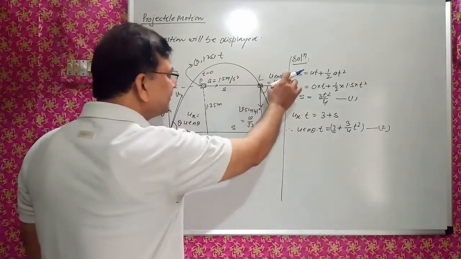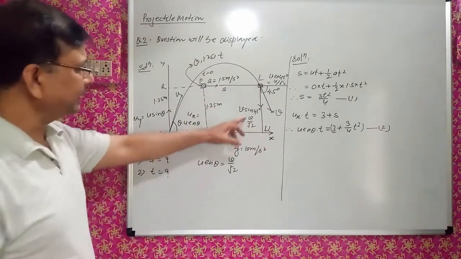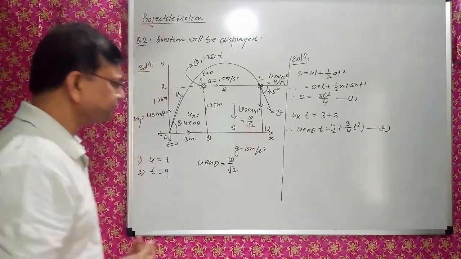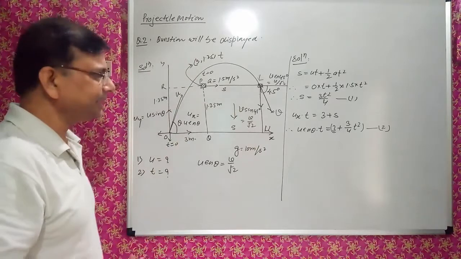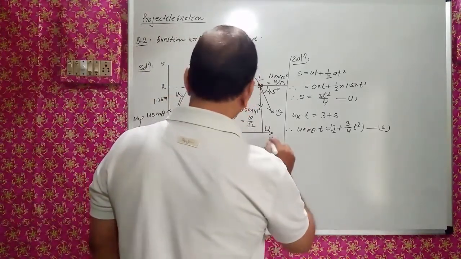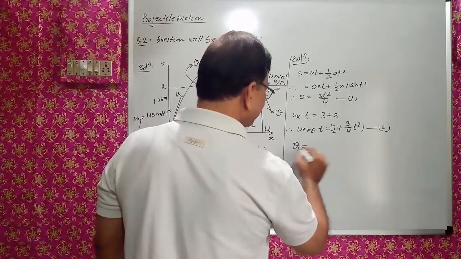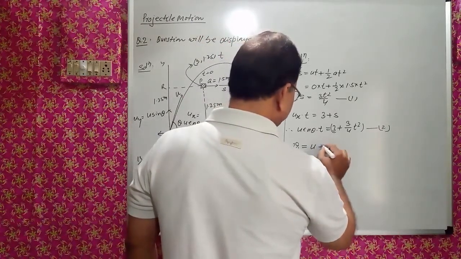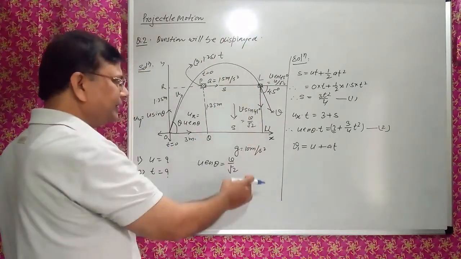Here also the horizontal velocity will be the same as this, that is u cos theta, and the vertical velocity is in the downward direction. So we will make an equation: initial velocity is this, and vertical velocity is this. We can write the equation of motion for the projectile, v is equal to u plus at, in the vertical direction.